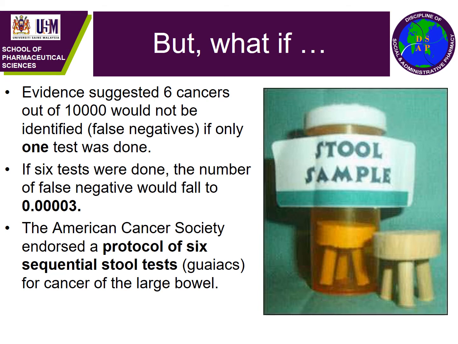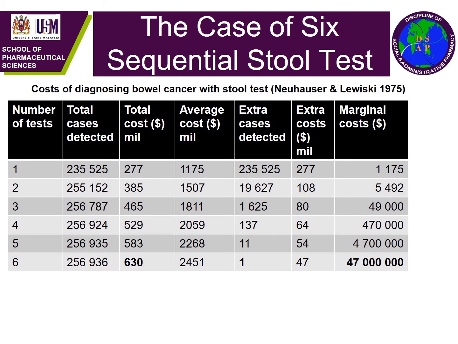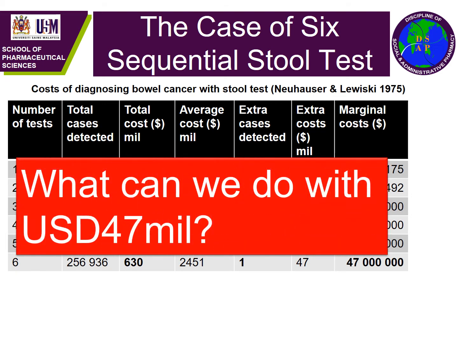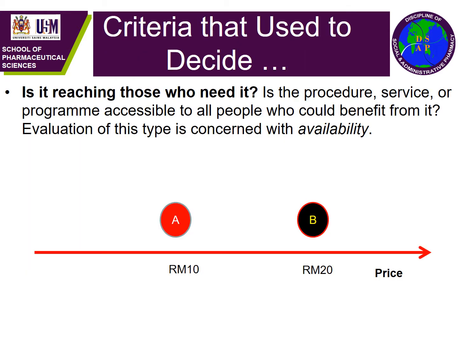Because of this, the American Cancer Society endorsed a protocol of 6 sequential stool tests for cancer of the large bowel. The pictures that I show, of course, are just for illustrative purposes, and it's not the real stool test that was done to detect cancer of the large bowel. As pointed out by this study, the American Cancer Society revised their decision so that the test should only be done for high risk patients.